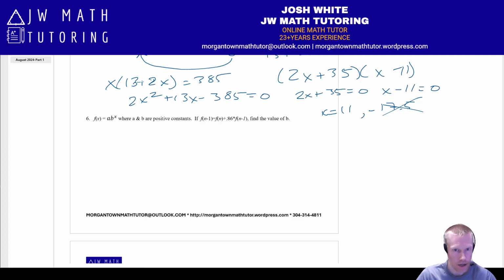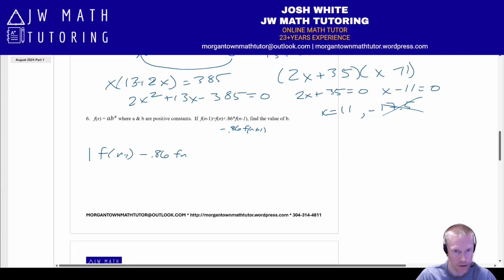So this equation might look confusing, and that's fine, but really all that's going on here is, if you subtract this 0.86 times f of n minus 1 over to the other side, what you have is basically there's an imaginary 1 in front of this f of n minus 1, and then you have the minus 0.86 f of n minus 1, and that's equal to the f of n value. So notice you can technically now subtract 1 of this quantity minus 0.86 of it, and you get 0.14 f of n minus 1 equals f of n.